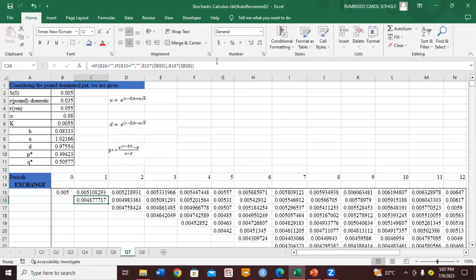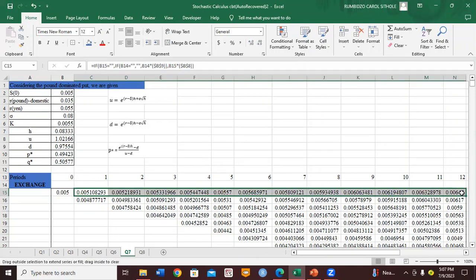And this is the same formula also to calculate our SUSD. To get this formula throughout the whole table, you just come here and drag it to the end, to the 12, because it's a 12 period. Then it will calculate for you throughout.